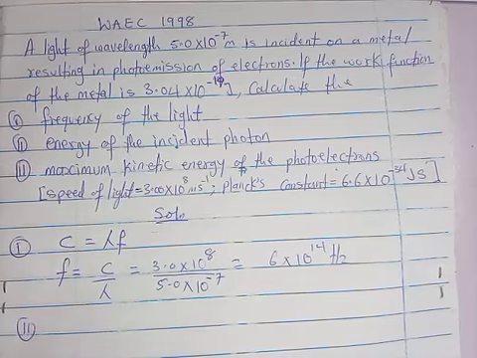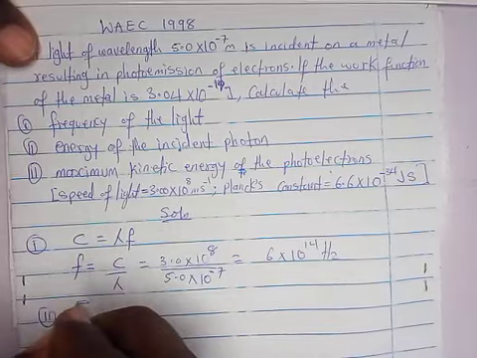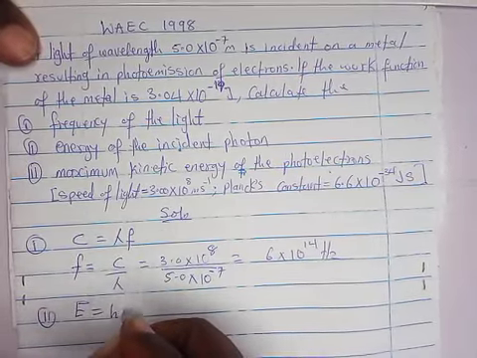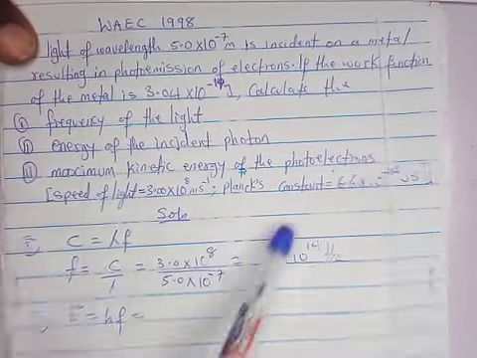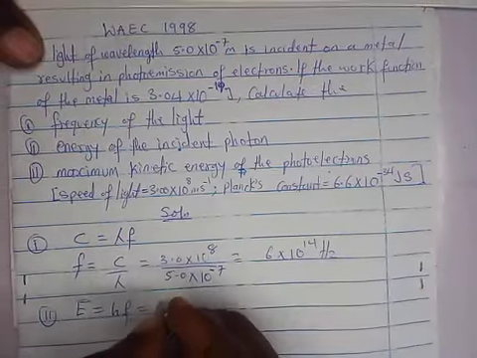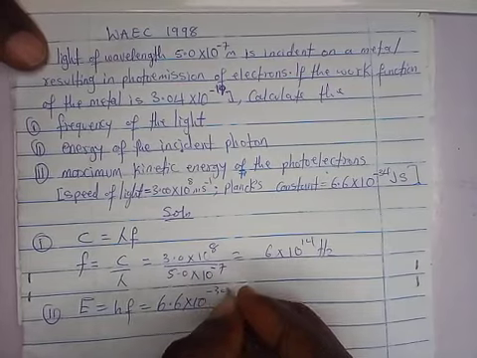The energy. And recall that energy equals what? Planck constant times frequency. And our Planck constant is given as 6.6 times 10 raised to the power minus 34.